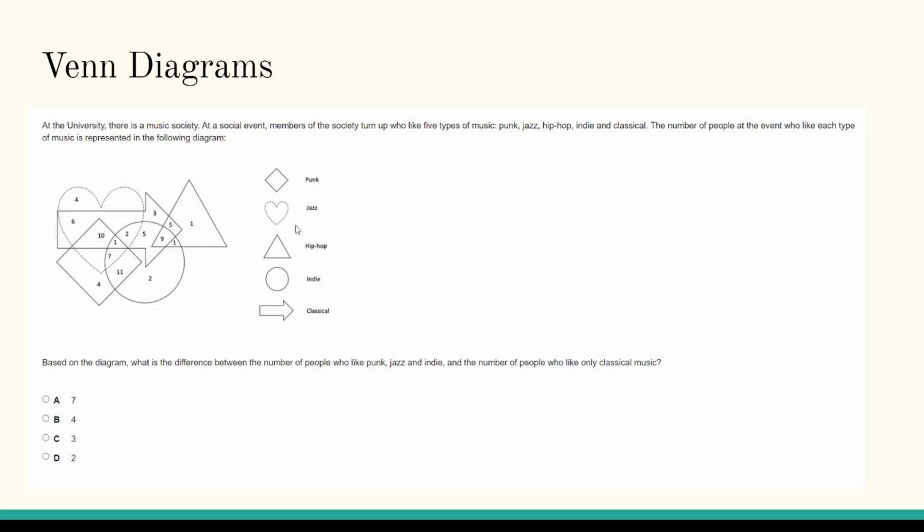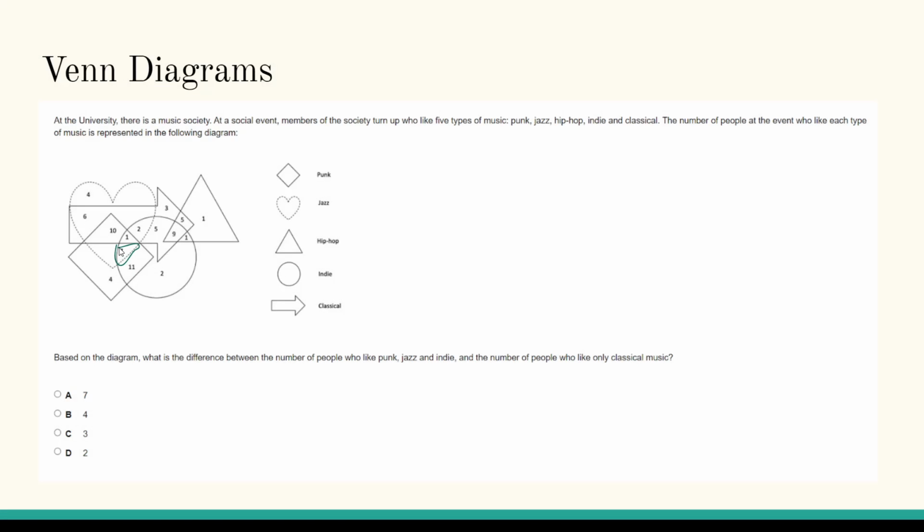Punk is this diamond shape here, jazz is the heart, and indie is the circle. So we'd look for the intersection of all these shapes. Here's the diamond, the heart, and the circle, and you'll be looking for this little section that I tried to outline in green here.